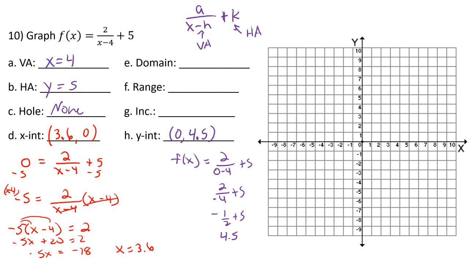All right, so let's go ahead and do some graphing. So asymptote is at x equals 4. Y equals 5. Okay, we have an x-intercept at 3.6, a y-intercept at 4.5.